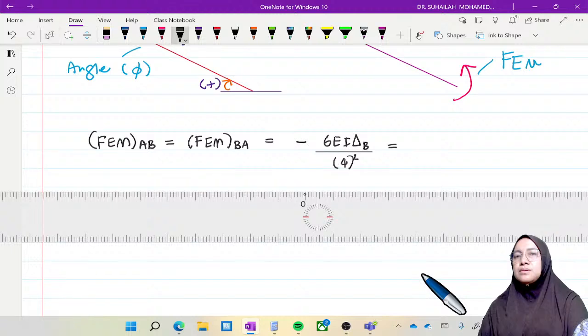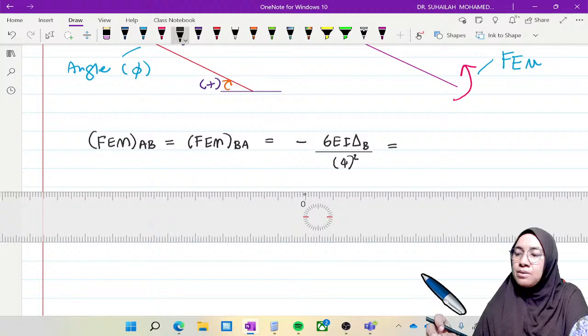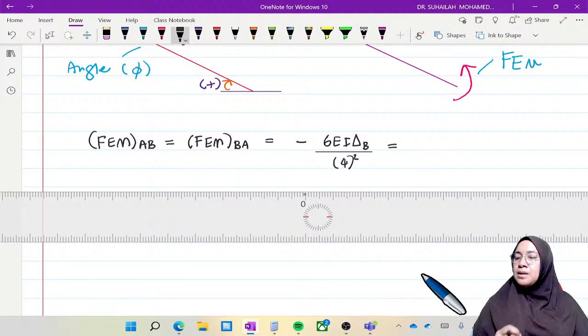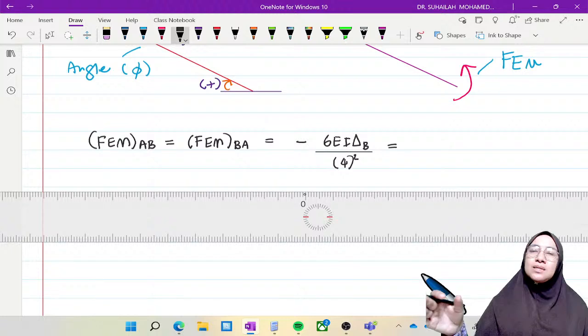In beam analysis, whenever settlement is given, we should have the EI value so that we get the FEM, not in terms of EI but the actual value, because we total the FEM due to this effect plus the FEM due to external loading just now.